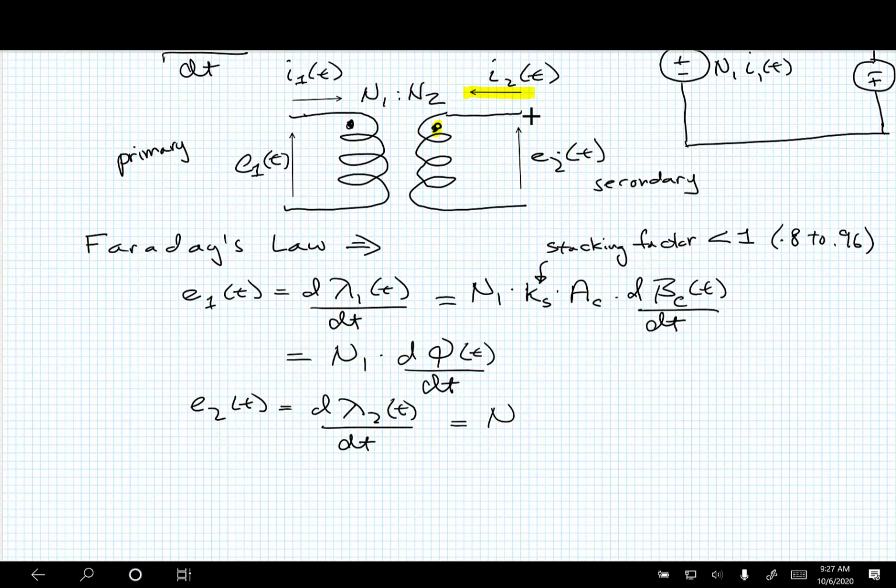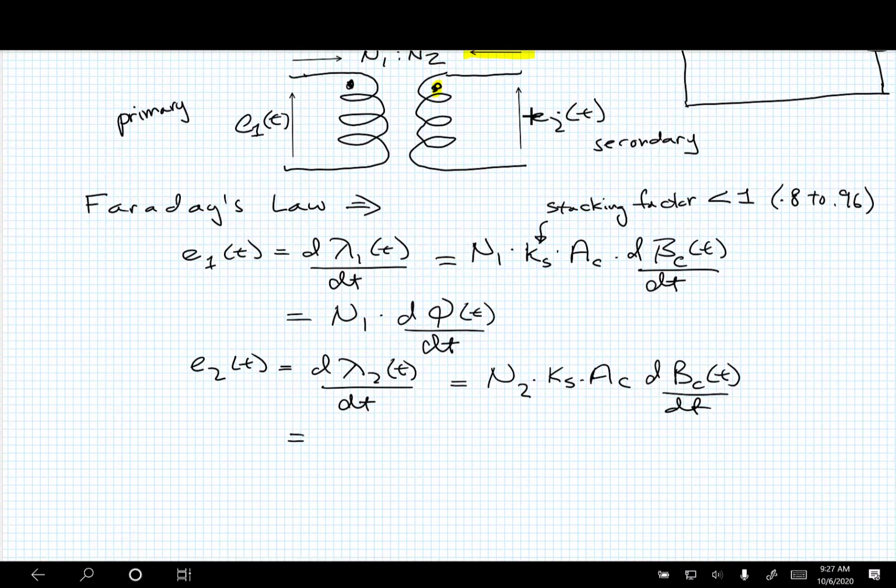That's equal to N2 Ks area of the core dB of t dt, or we could write it as N2 times the derivative of the flux in the core.